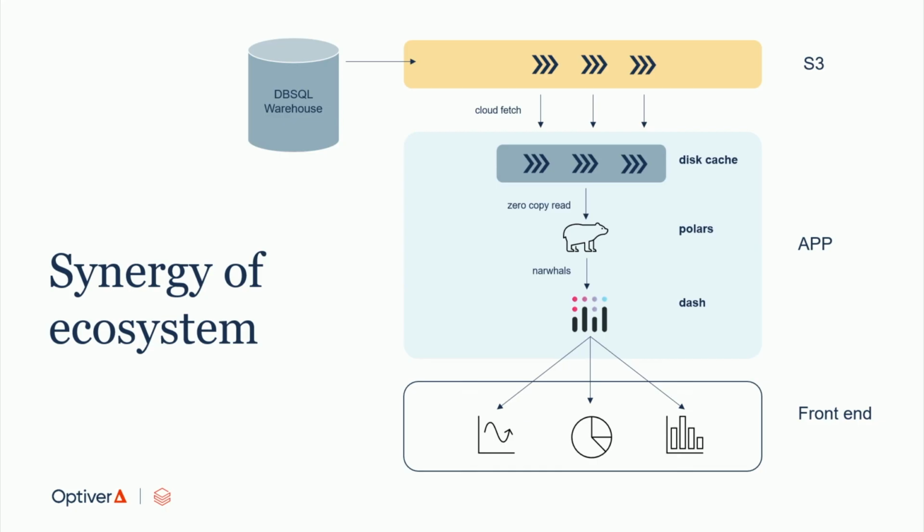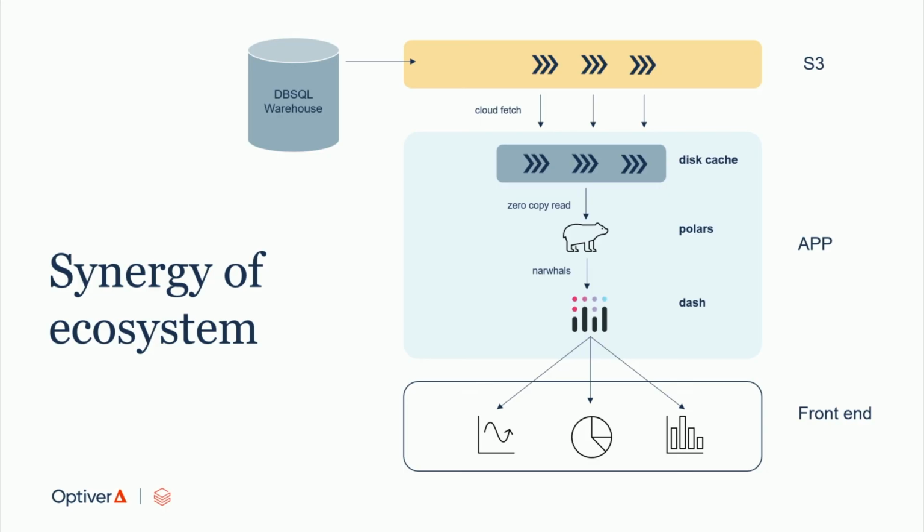So here's how it comes together. First, we have the Databricks SQL warehouse using Cloud Fetch to send large query results directly to S3. Then we stream this result directly to the disk cache that I mentioned before. From there, we load the data into Polars using zero copy reads for speed and efficiency.